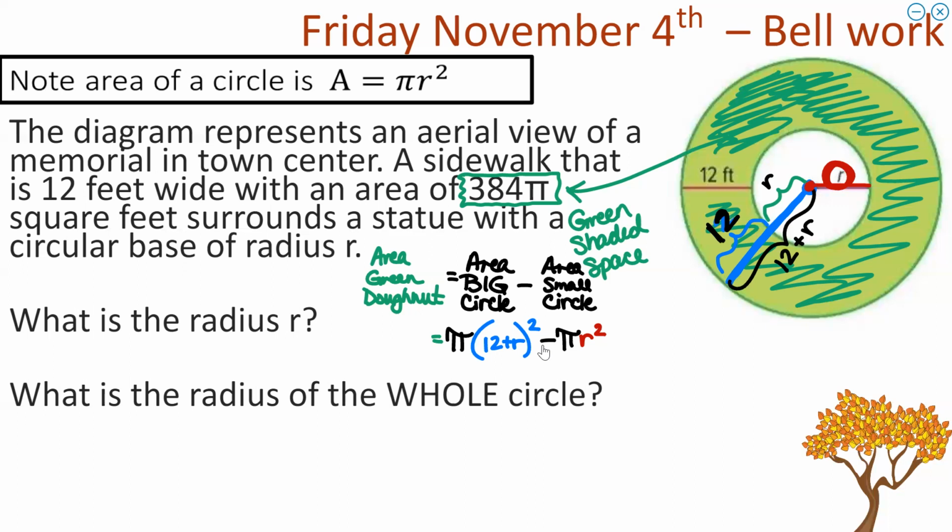I have 12r and another 12r, 24r plus r squared. Remember, when we're adding and subtracting, the exponent never changes. Only the coefficient can change. And then I have minus pi r squared. And all of that is equal to 384 pi.